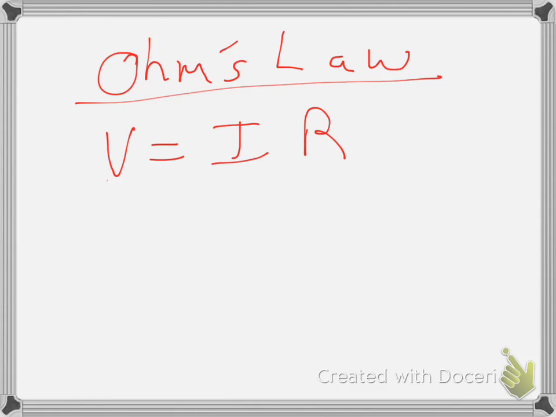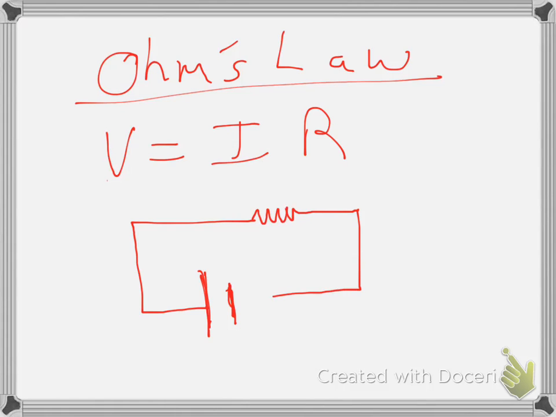So you have a battery. This is a symbol for a voltage potential source. This is the positive side, and this would be the symbol for a battery, and here's your resistor. That's a symbol for a resistor. That could be any kind of load on the circuit. And then I'm just going to bring it right back to make a complete circuit.